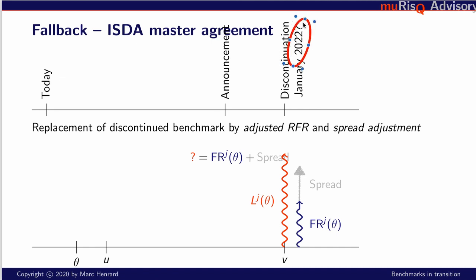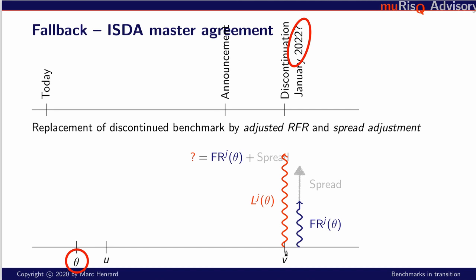And if the discontinuation comes, we also expect that there will be an announcement, probably a couple of months earlier, to say that the actual discontinuation will take place. Now, let's move forward. If we are after that discontinuation date, and I have a LIBOR payment that was supposed to fix on that date, theta, and was supposed to pay somewhere here.